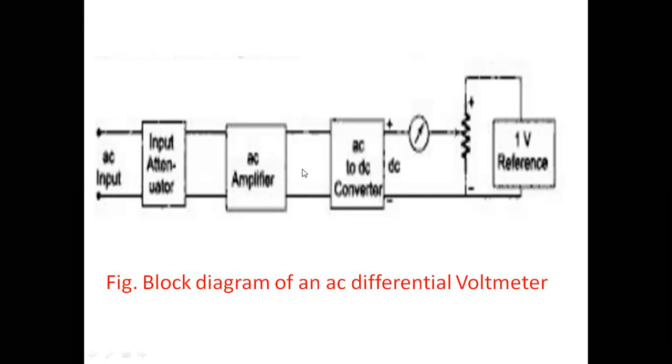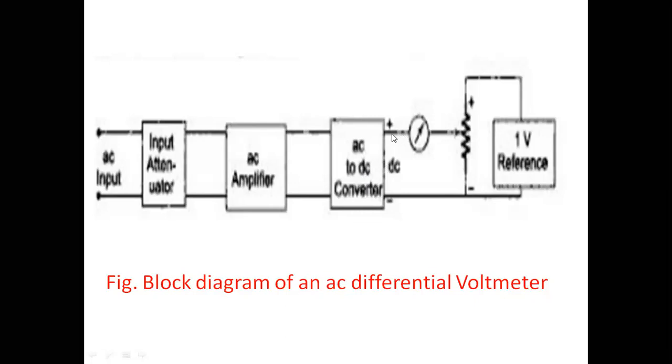We apply the AC input at these two terminals, and the input attenuator changes the values, which means we can vary the range of the AC voltage. Then the AC amplifier amplifies the AC signal, and that signal goes to the AC to DC converter, which converts the AC to DC.